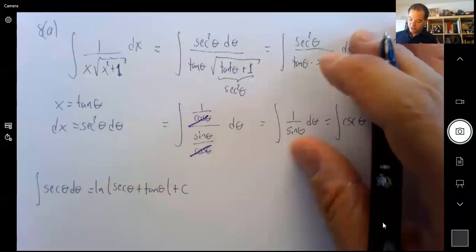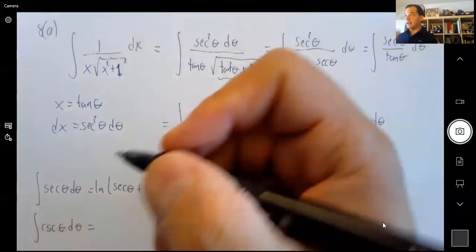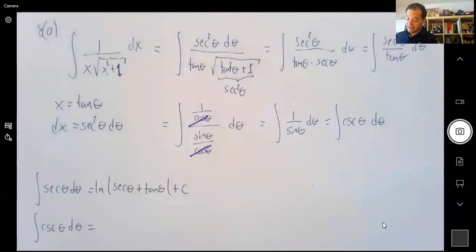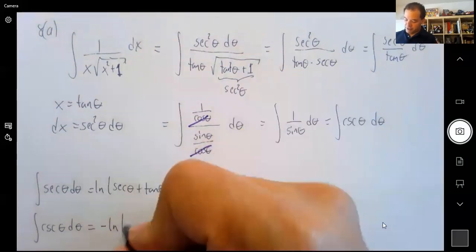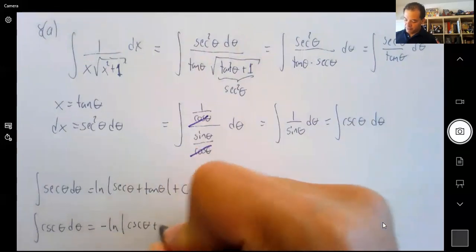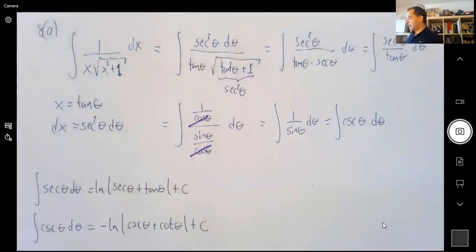And the integral of cosecant, I think is, what is it? Negative ln of cosecant plus cotangent, I believe, right? You can check in the back of the book. So these two are ones you should know.